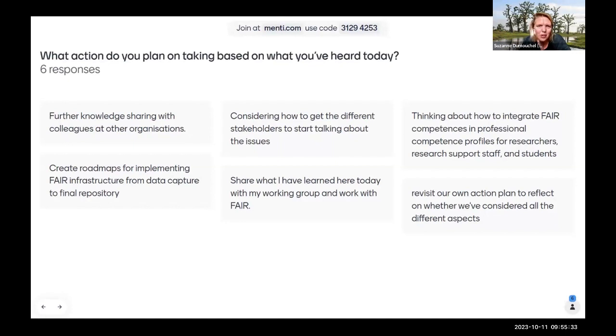I don't know who put this answer, but if some of you already have an action plan on the implementation of FAIR, it would be good to know who and how it has been made as well, because it's always interesting to have this type of feedback, especially because we would like to organize other sessions like this one. So feel free to let us know.